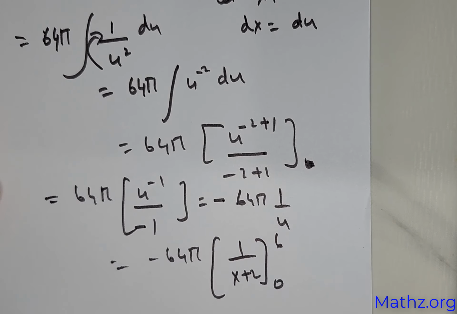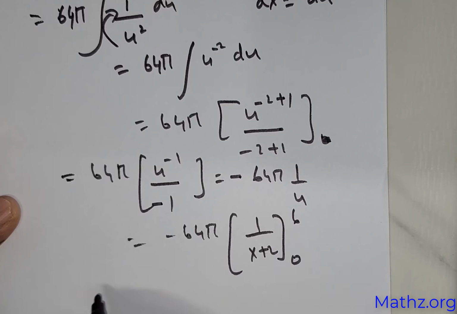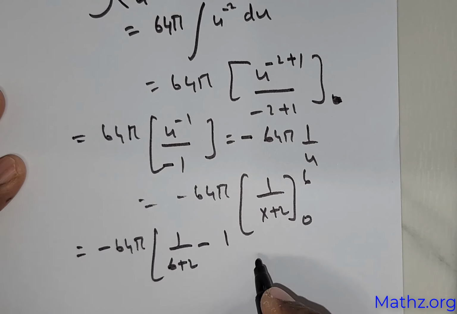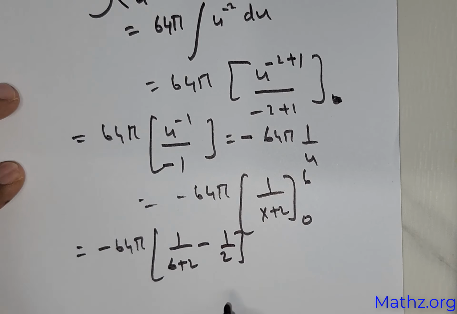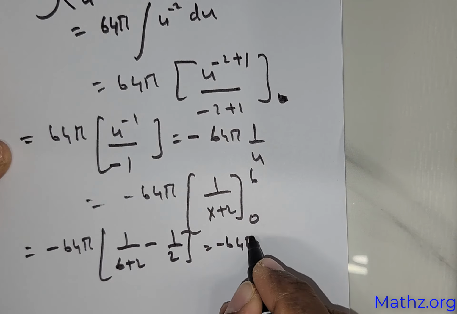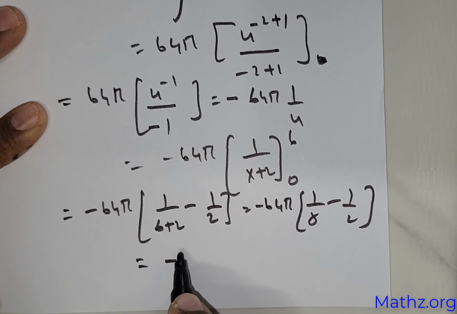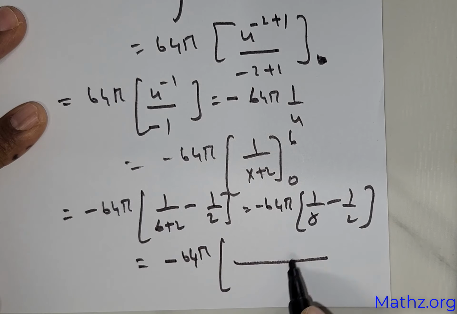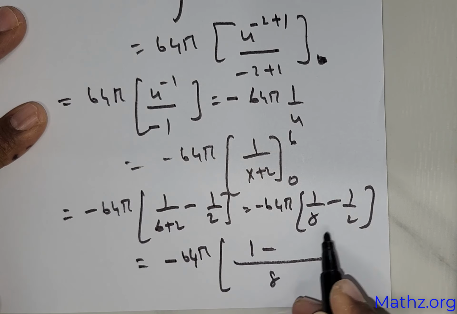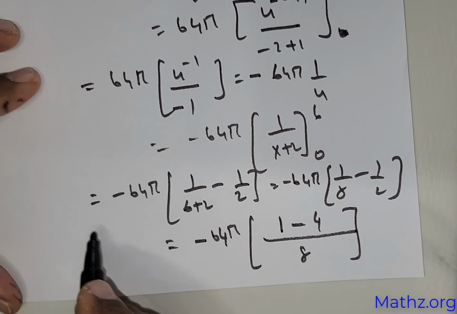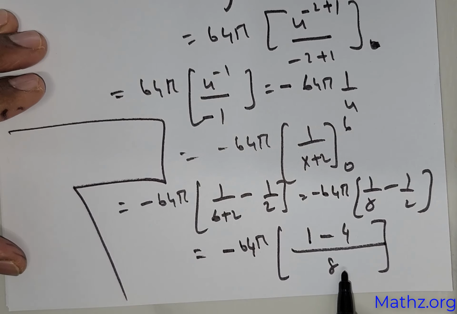Now you place the limit 0 to 6. Now this is equal to negative 64 pi. You place the upper limit 6 + 2 minus the lower limit, that's going to be 1 over 2. So this is going to give you negative 64 pi, 1 over 8 minus 1 over 2, which is equal to negative 64 pi. LCM is 8. You get 1, you get 4, and you get negative 3 over 8.